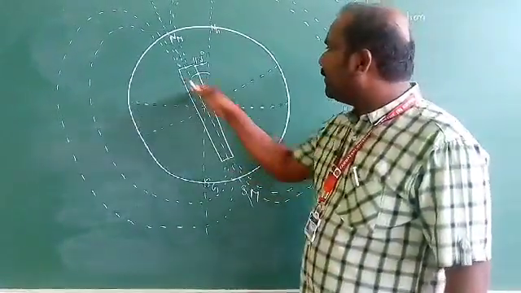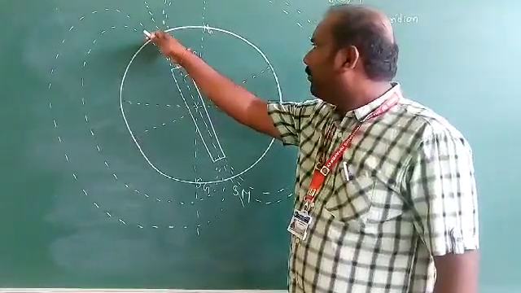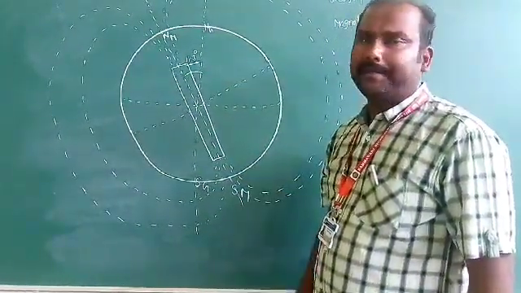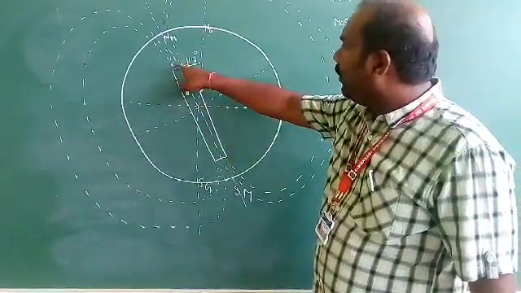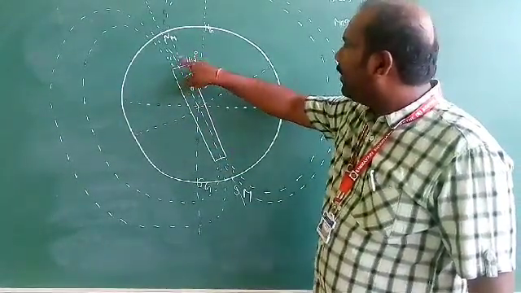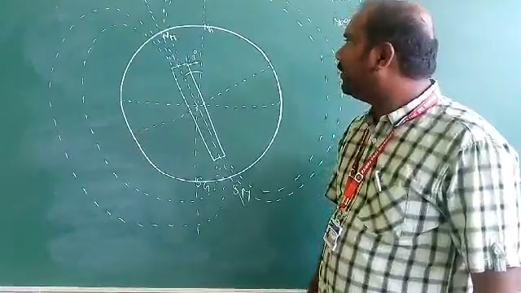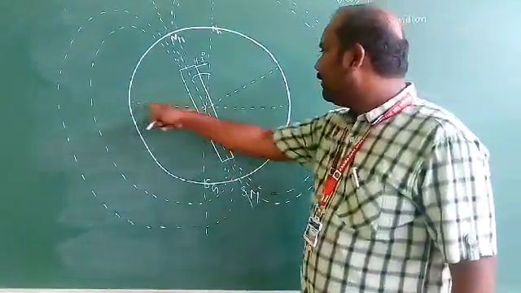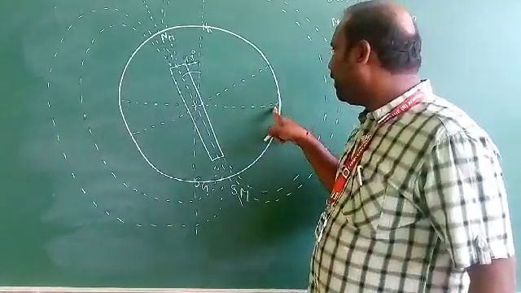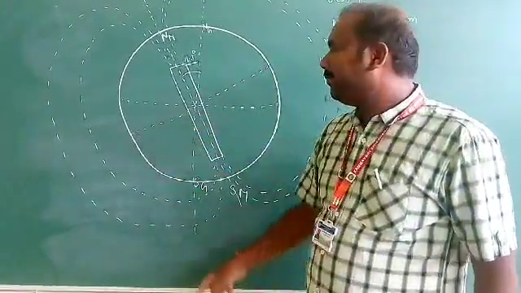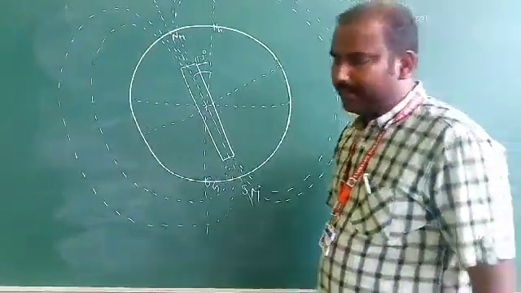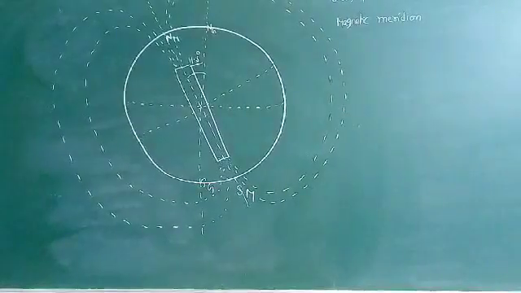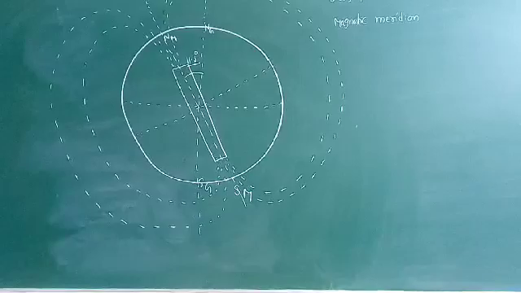The line which is passing through magnetic north and magnetic south is called the magnetic meridian. Now there is an angle of 11.3 degrees between the geographic meridian and the magnetic meridian, and this line is the geographic equator and this line is the magnetic equator. Now from this we will learn all these three elements one by one.